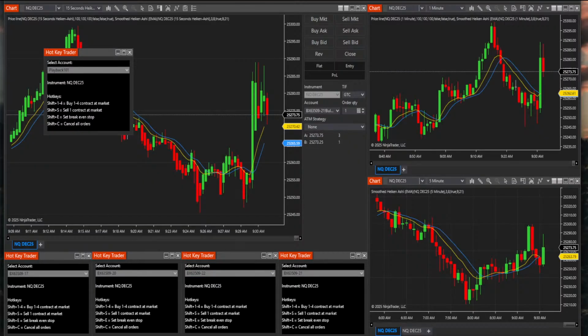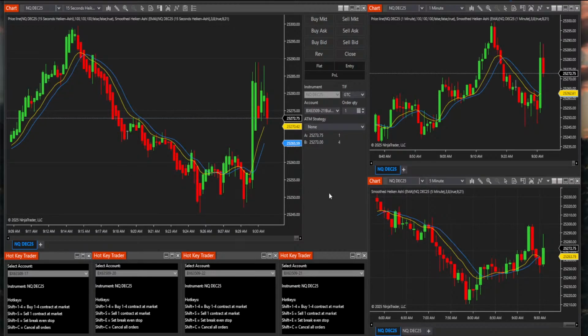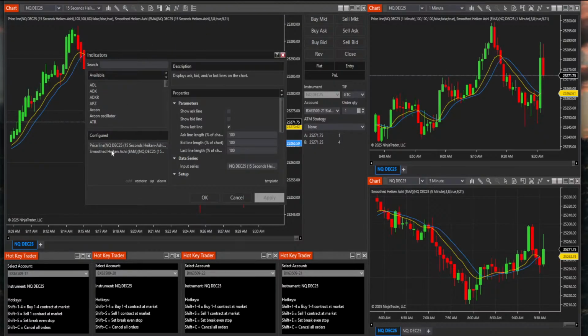Somehow, when I recompile anything, the add-on pops up. I need to take care of that. NinjaTrader uses, let me shut this down because I don't need this now. And I think I need to reinstall the indicator because I don't think it actually updates.